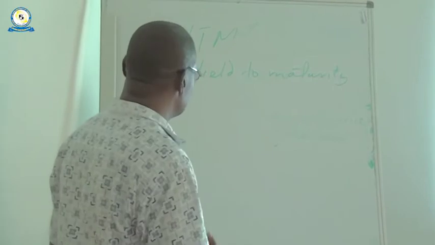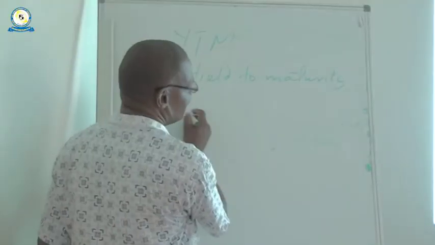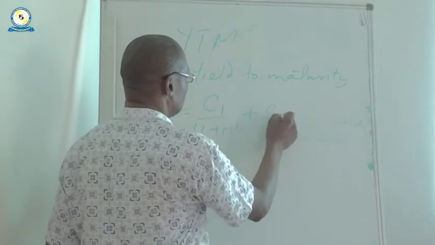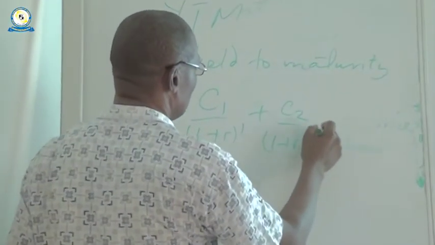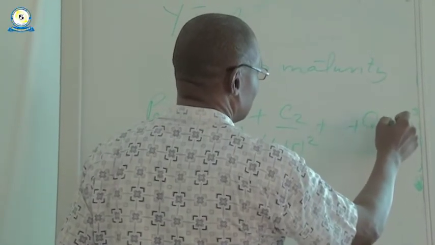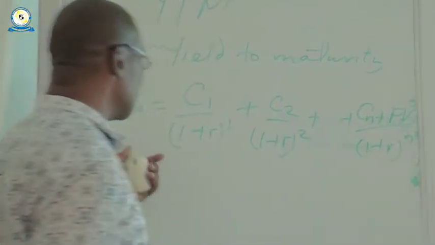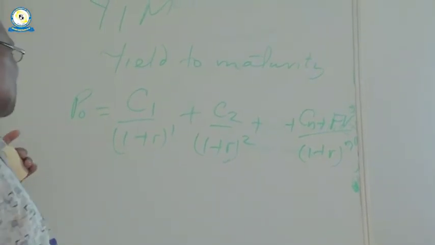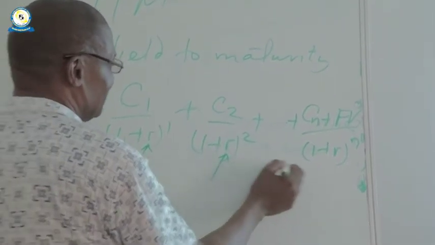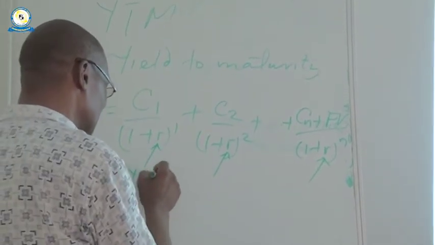Now, the formula. We say the price of the bond is equal to C1 over 1 plus R, plus C2 over 1 plus R power 2, plus Cn plus FV over 1 plus R power n. This is how we calculate the price of the bond. Now, in our calculation, this R here is what we call yield to maturity.